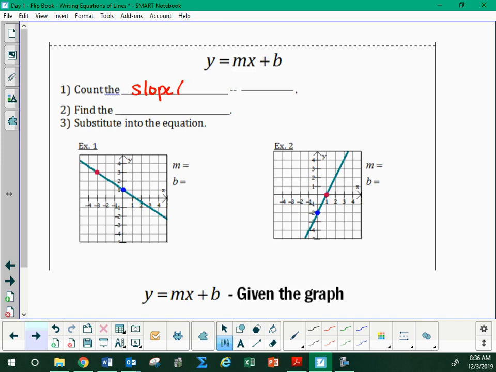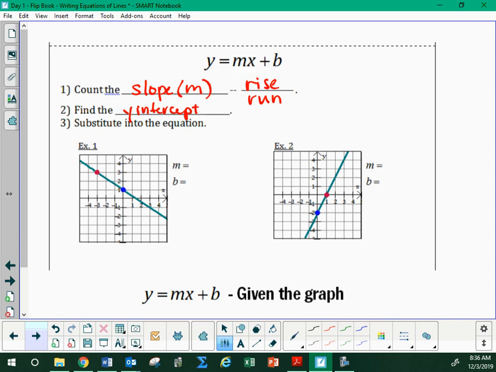Remember, that's your m value. Rise over run. Very good, that's what this is. Rise over run. And then we find our y-intercept, and we simply put those into the equation.